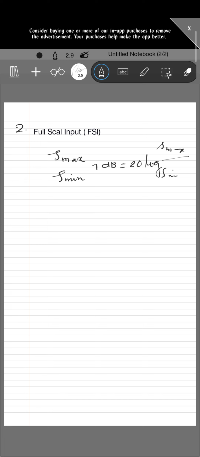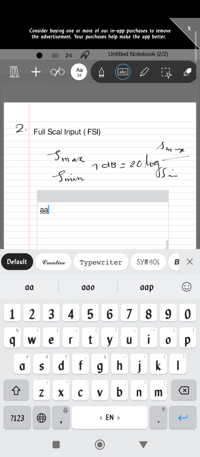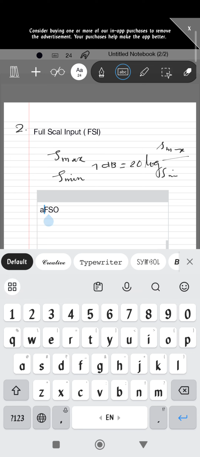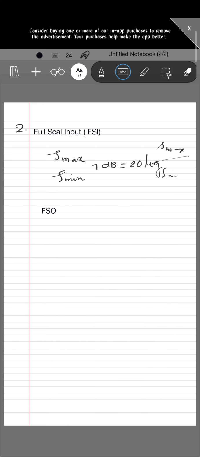Similar to this full scale input, we can also have a full scale output, FSO. It is different from full scale input. It is not the difference between the inputs. It is actually the change between the maximum and the minimum values of electrical output when maximum and minimum input signals are applied.